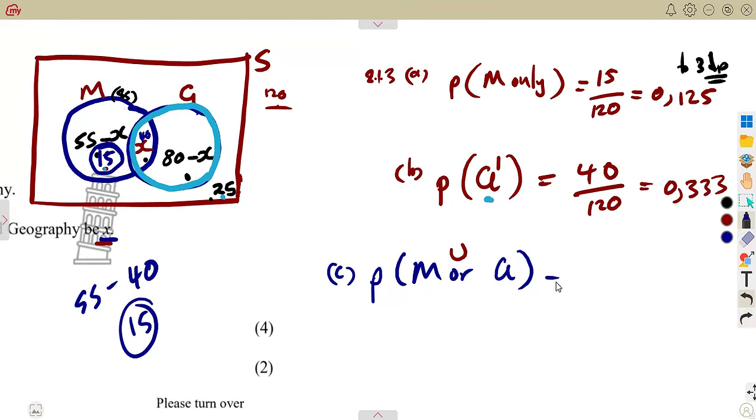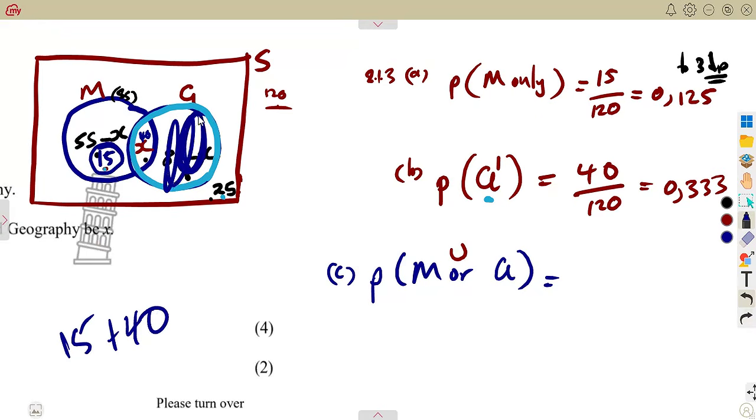Everything that we have. So meaning to say, we have the 15 here in maths only. Remember that? There is a 15. We have this one, x, at the intersection. We are covering everything. We also have that, which is the 40. Remember, x is what? It's 40. So you have to take the 40.